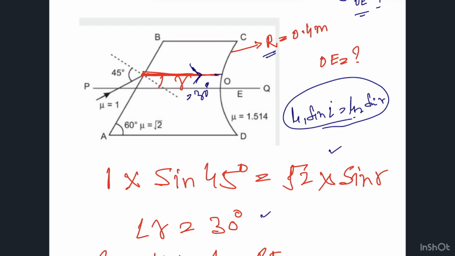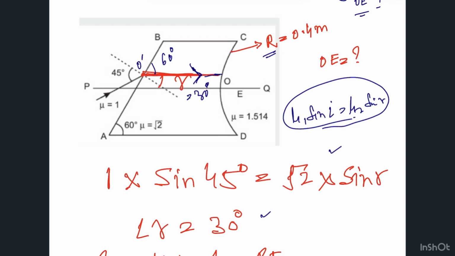Now 30 degree means this is 60 degree and this is also 60 degree. Correct? That means this is 30 degree, that means this line, suppose we name it as O dash, the O dash O is basically parallel to this.